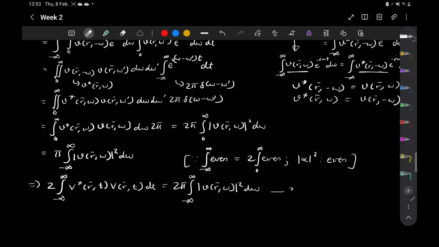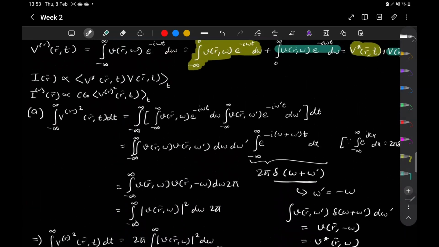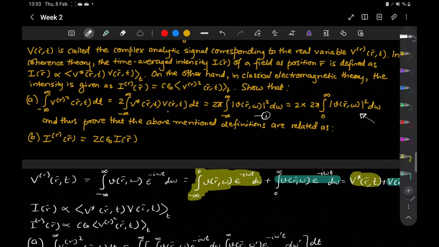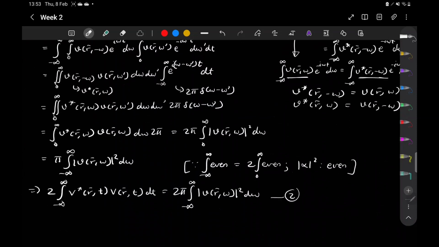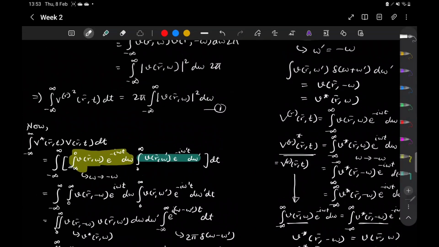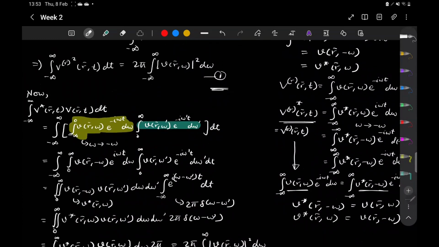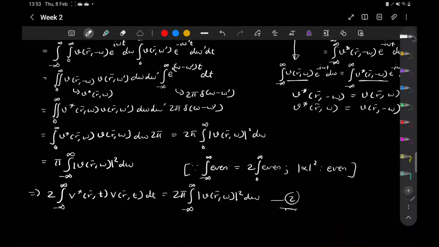So we get this. Let us call it equation number 2. So this has actually completed this part of the equation. And we see that from 1 and 2 that these are identical, equal.